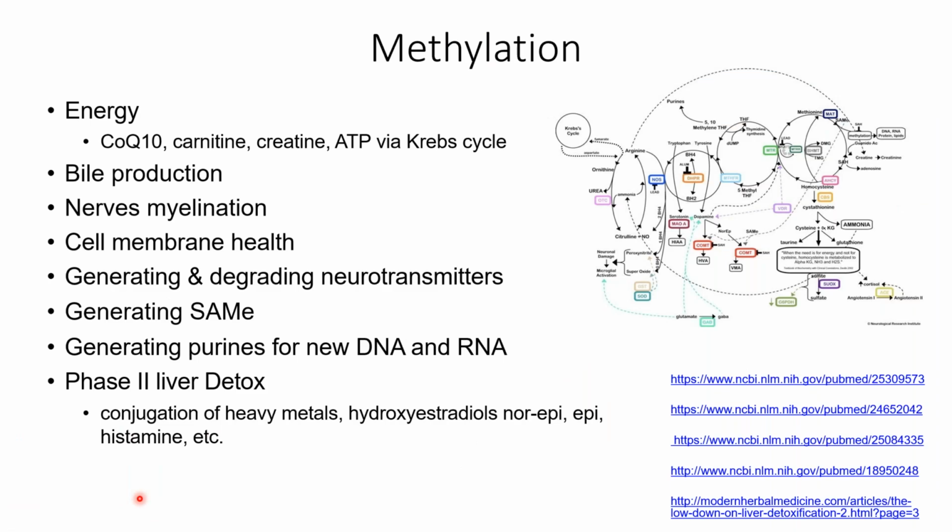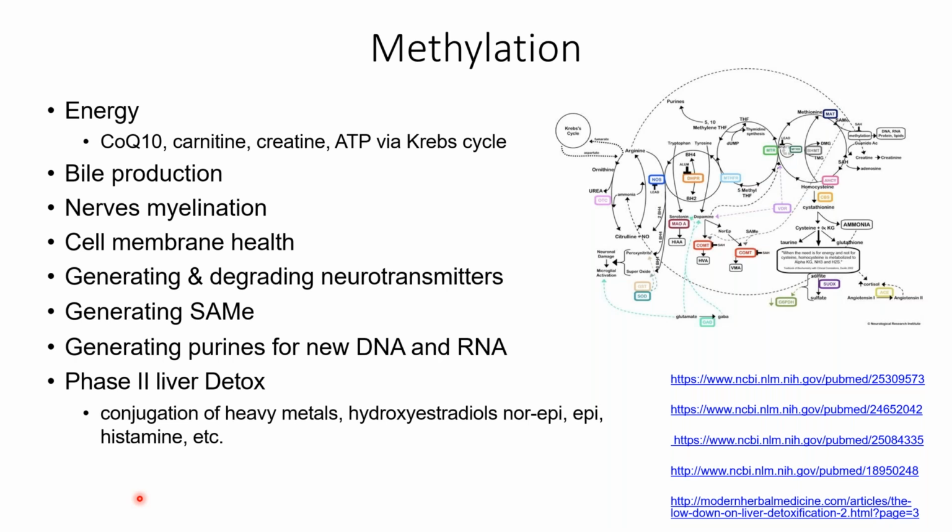And methylation is a big deal. It deserves its own slide. So just by having a SNP in any of those methylation promoting genes, we have the ability of reducing our energy, getting CoQ10 and carnitine into the Krebs cycle for the mitochondria.